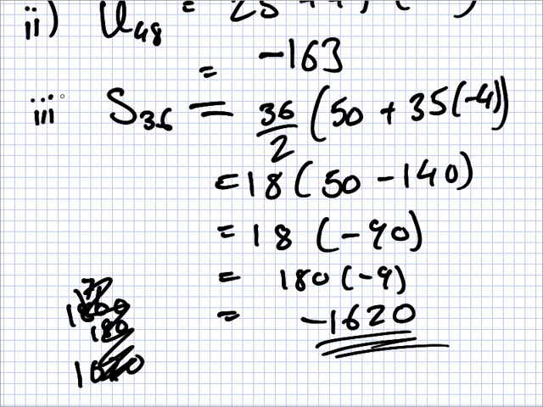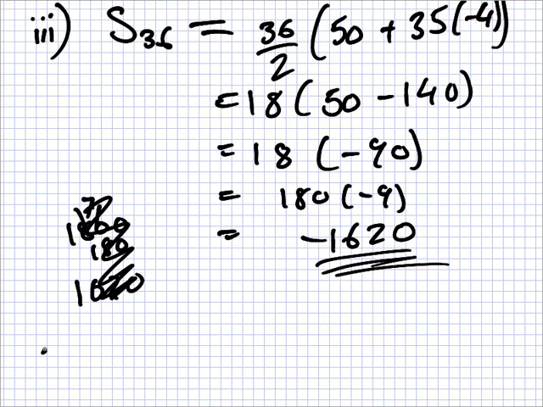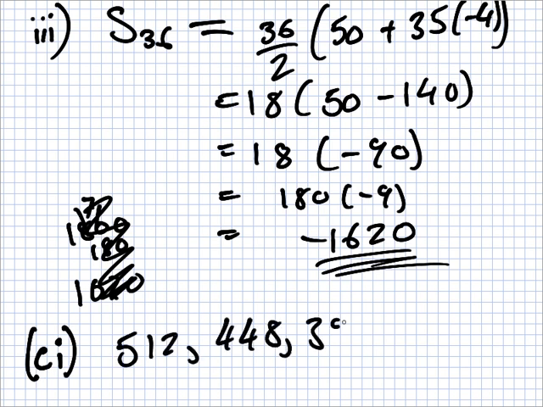Right, now, C part 1. Yeah, you'll need logs. The 48th term. So you have 512, 448, 392, etc. They want to know when will you get a number which is smaller than 1.